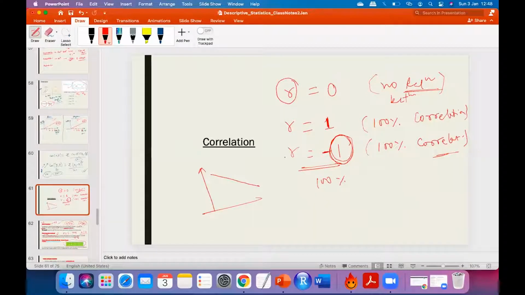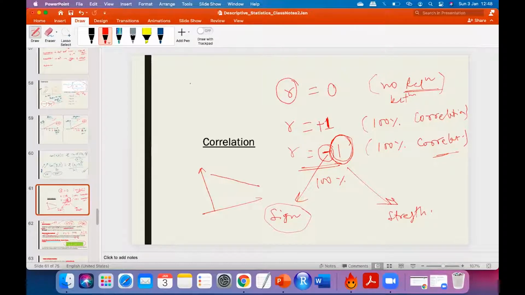Dhruv, one question here. When R is equal to 0, the plot would look like two parallel lines. I'll come to how the plot will look. We have that in our syllabus. Let's talk about the sign and strength first. This sign, whether it is positive or negative, will give you the sign of the relationship.